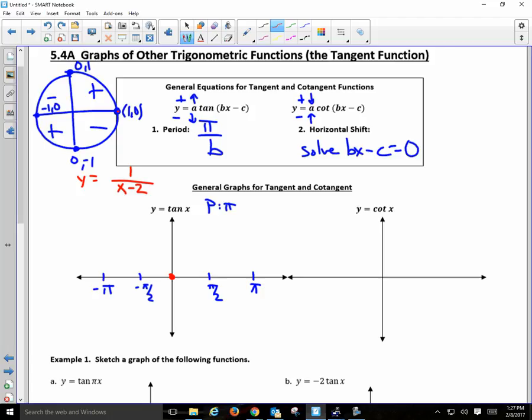So because tangent is undefined at pi over 2, we have a vertical asymptote. Now I'll move to pi, which is right over here. 0, because 0 divided by negative 1 is 0. And it will repeat itself on the other side.